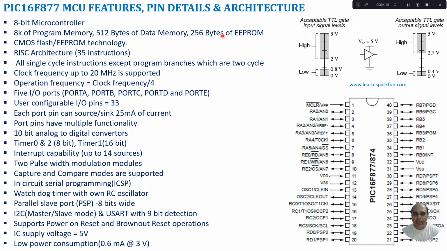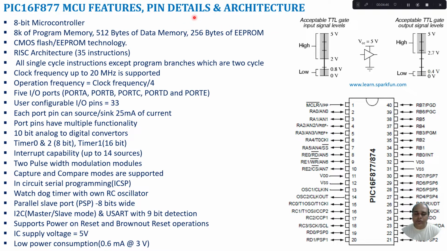We also have 256 bytes of EEPROM. EEPROM is electrically erasable, programmable, read-only memory. This memory is required to store the values of constants, something like the ASCII values of alphabets and numbers. Whenever I have some constants to store in the microcontroller, we can store them in this EEPROM.